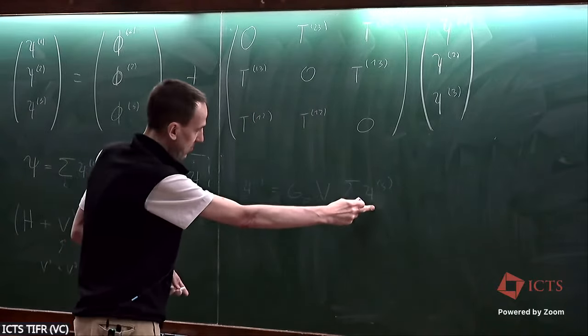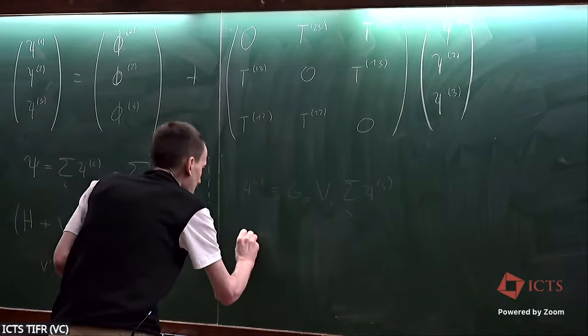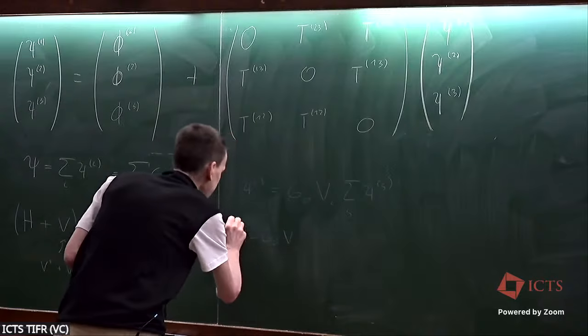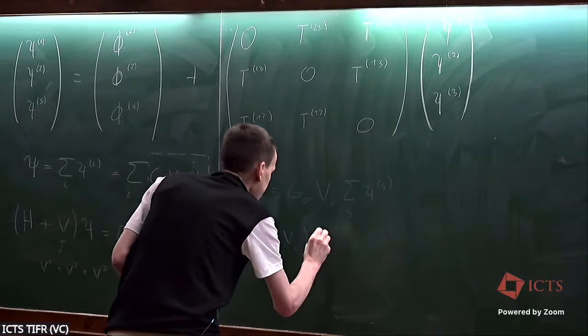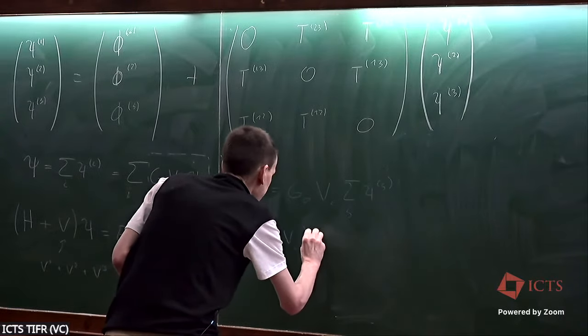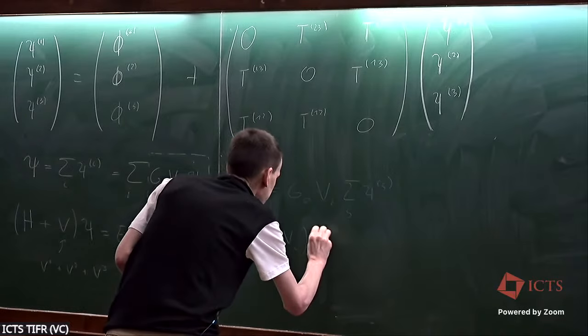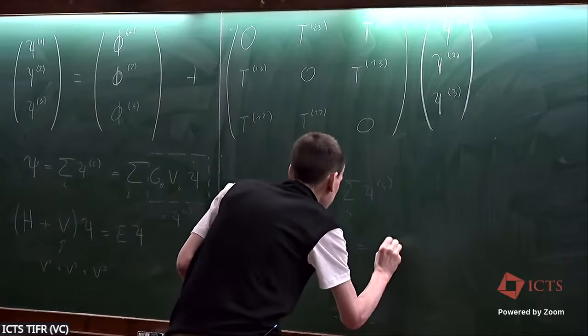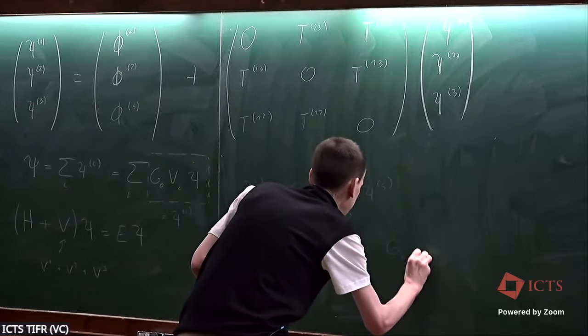And what I get is then 1 minus G naught V I acting on psi I. And that is equal to G naught V I.